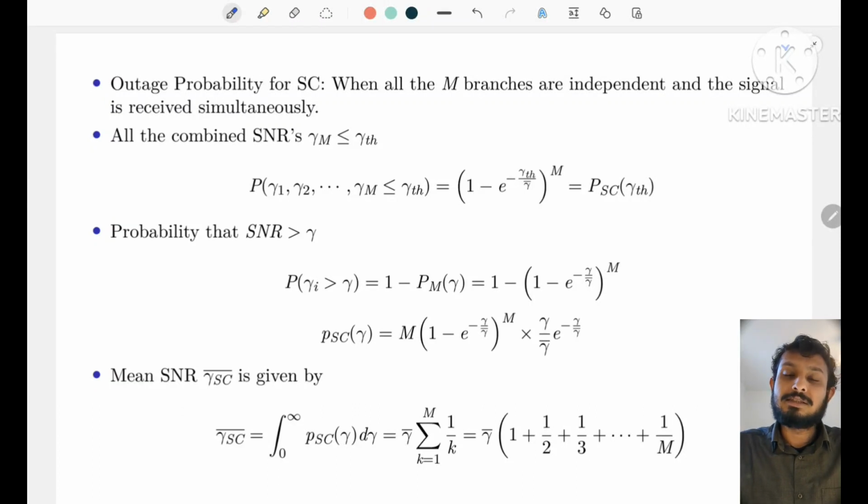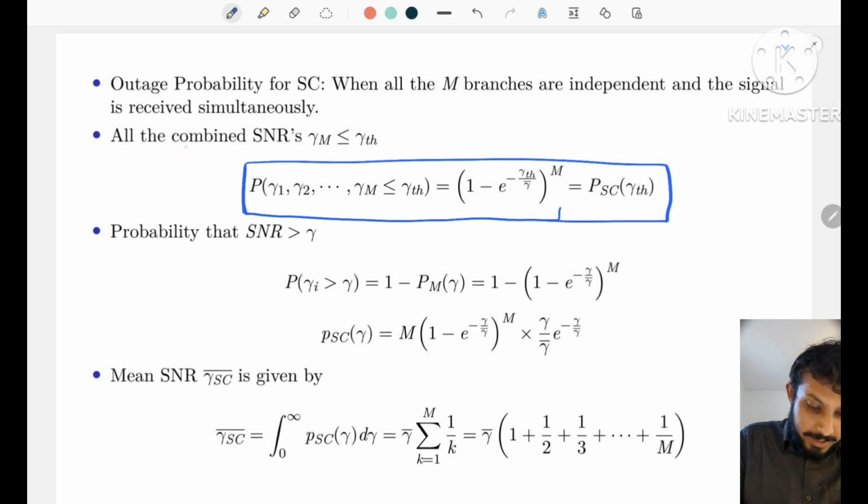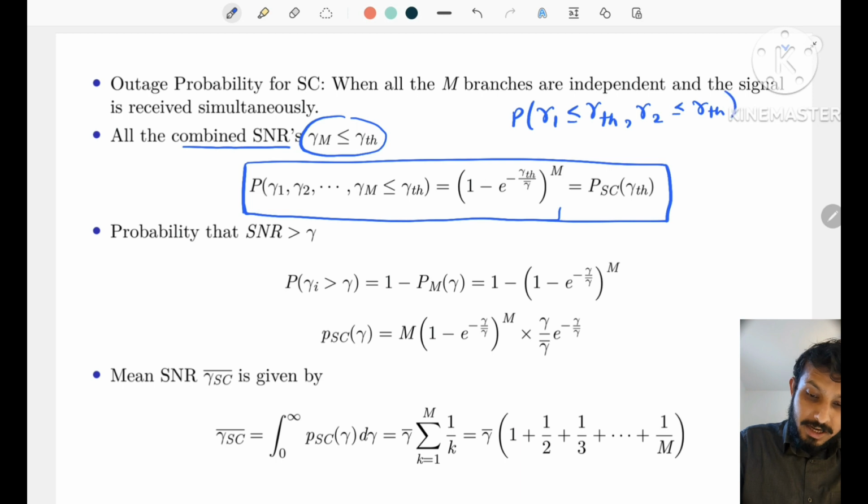Previously, we have seen selection combining, and we have also seen the expression of probability of fade in case of selection combining, which was given in this form. It shows that the combined SNR is less than gamma TH if the probability that gamma 1 is less than gamma TH, or probability that gamma 2 is less than gamma TH, and so on.